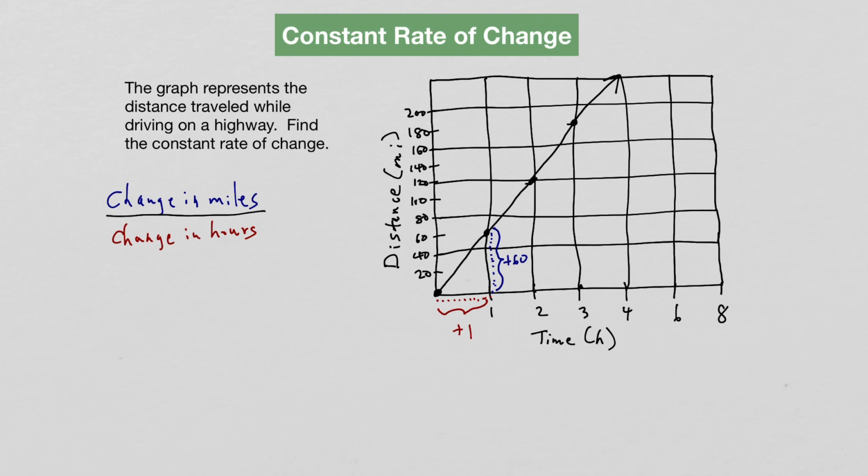Okay, now we can continue to do this for the next point and see what is the change here. And we see that this is also a +1. Okay, and then going up to the next point, we see that this is a +60.